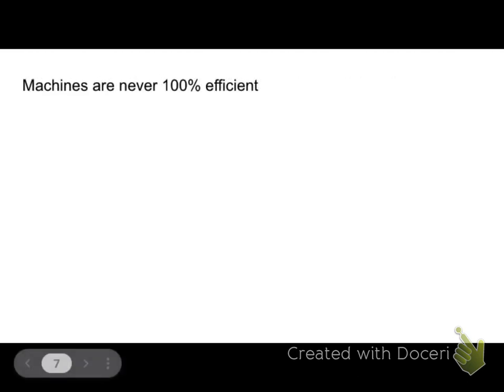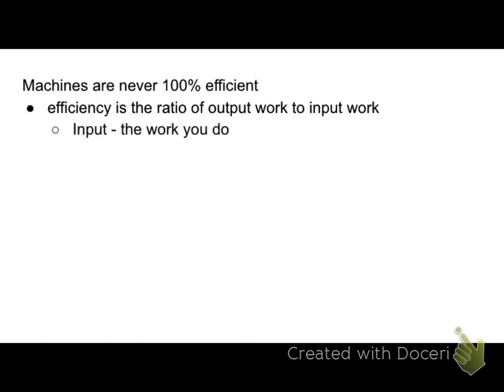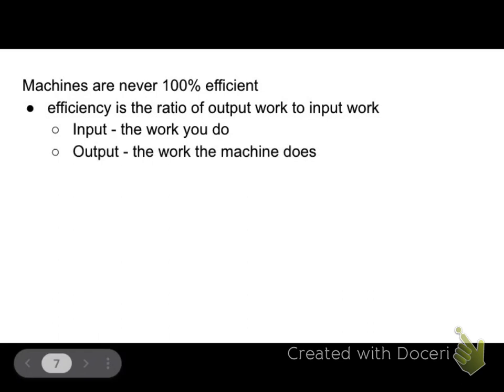Finally, machines are never going to be 100% efficient. Okay? So efficiency is a ratio of output work to input work. Input work is the work that you do on the machine, and output work is the work the machine does on an object. So in the case of the lever and the bottle, the input work is the work that I do on the bottle opener, and the output work is the work the bottle opener does on the bottle cap.